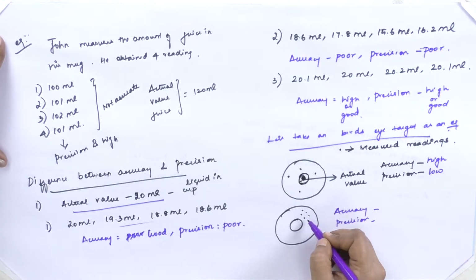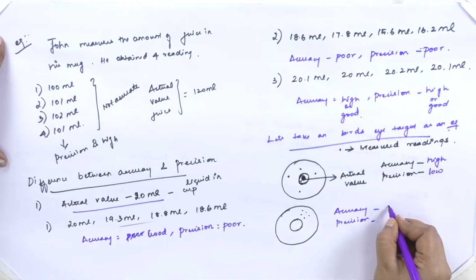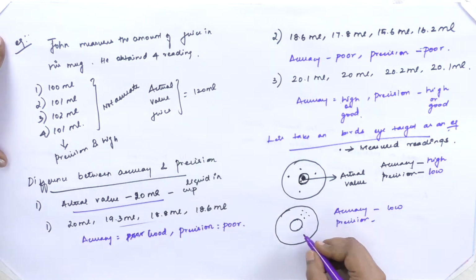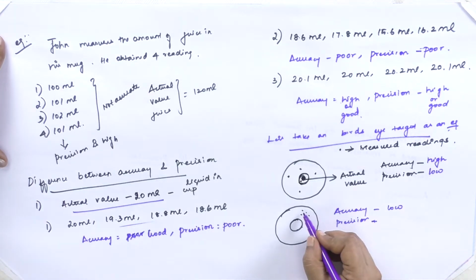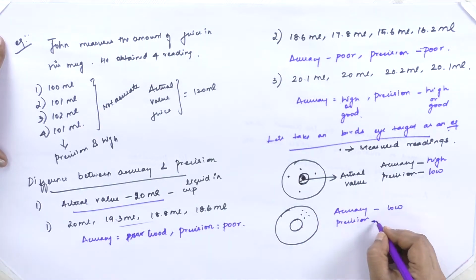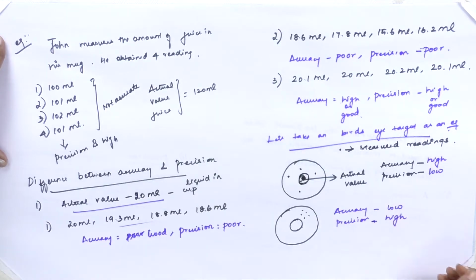None of the readings fall inside this actual value boundary. So we can say that accuracy is low or poor in this case. What about precision? Precision is nothing but the closeness of the readings. The difference between the readings is very small, so the readings are very near to each other. So we can say that the precision is high.